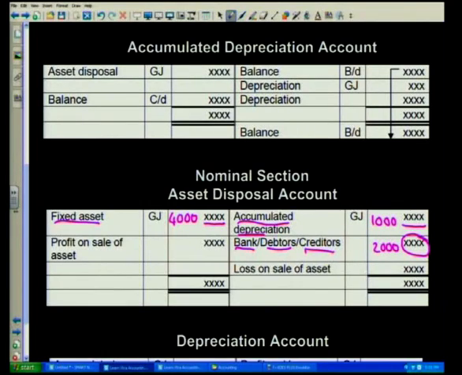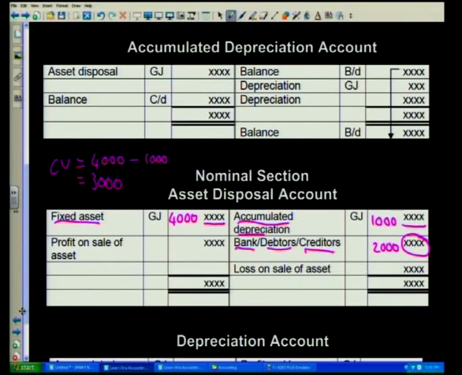On the day of the sale, the carrying value of this asset is equal to the 4,000 Rand that it originally cost me, less the 1,000 Rand of accumulated depreciation that has been worked out onto the date of the sale. That gives me an answer of 3,000 Rand. We compare that 3,000 to the 2,000 that we got for the asset, whether we've sold it for cash, on credit, or traded it in.